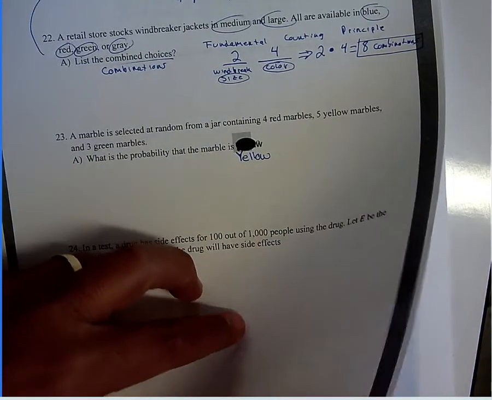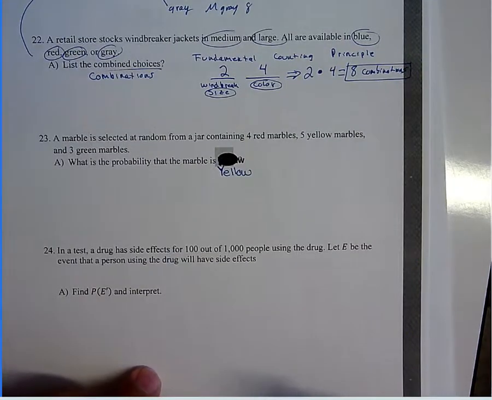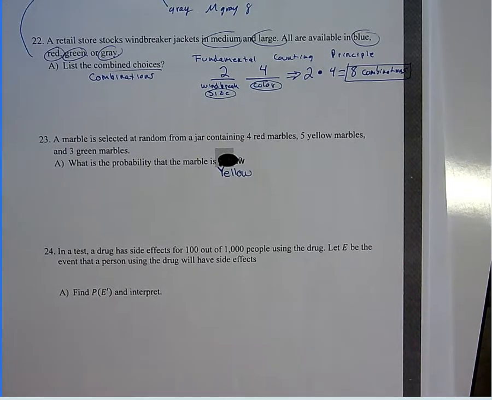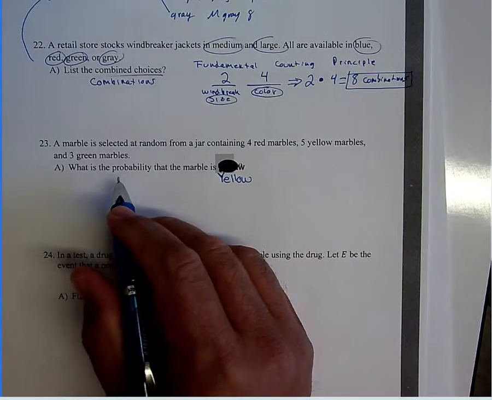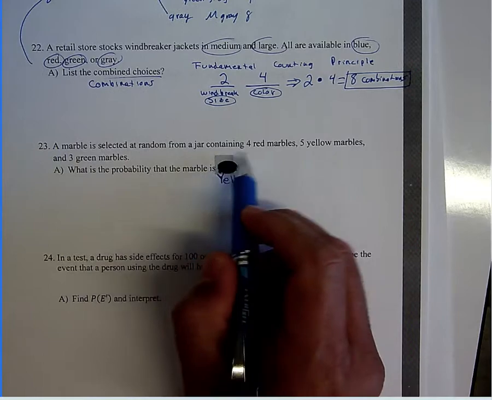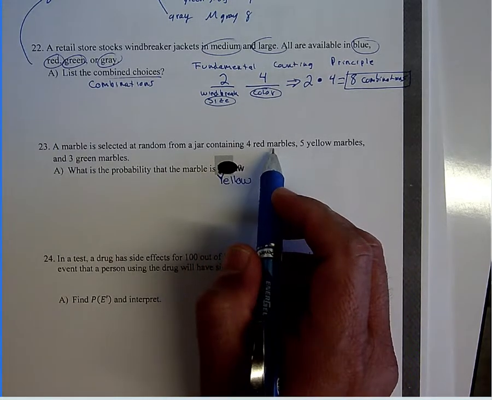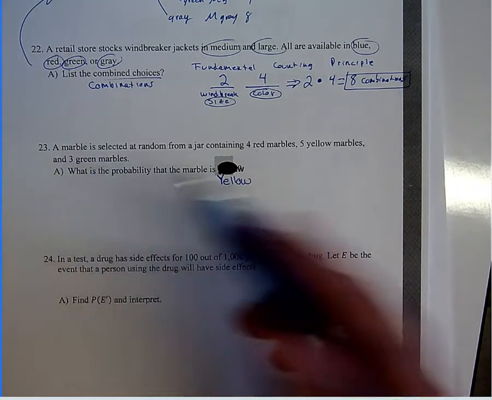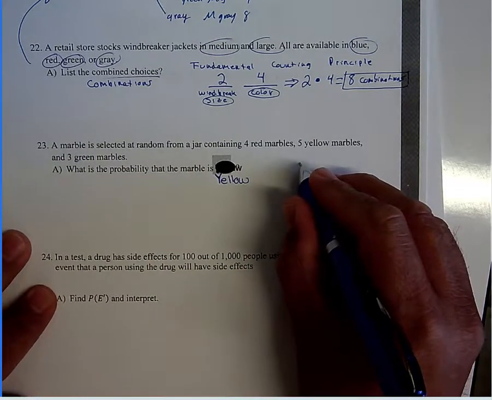Let's see. I think I can do this one. So 23, a marble is selected at random from a jar containing 4 red marbles, 5 yellow marbles, and 3 green marbles. This is probability. So we have a jar.